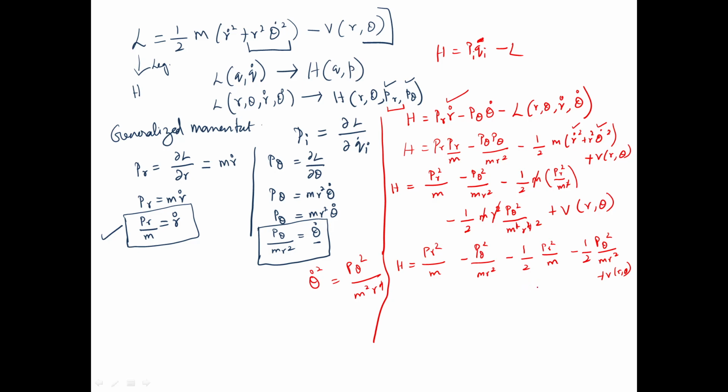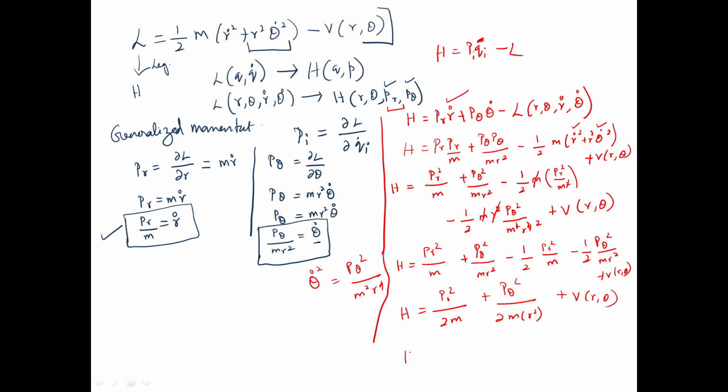I think I made a mistake somewhere, so this would be plus. Yes, that's correct. So this is p r square by m and p theta square by m r square, which we can write as p r square by 2m plus p theta square by 2m r square plus V of r, theta.